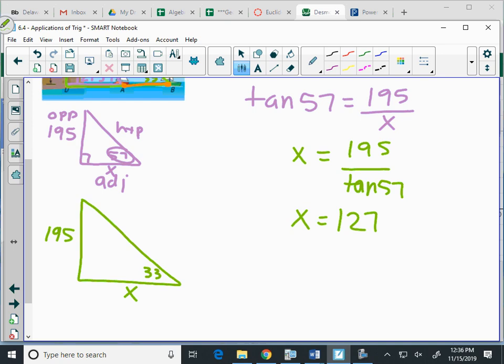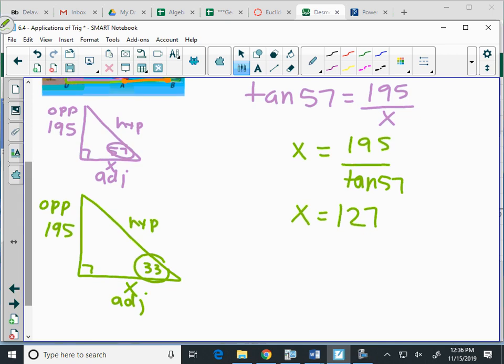So let's label our sides. If I go across, that's our opposite. So our 90 go across, that's our hypotenuse. Side left over is adjacent. Which two sides have info? Opposite adjacent.